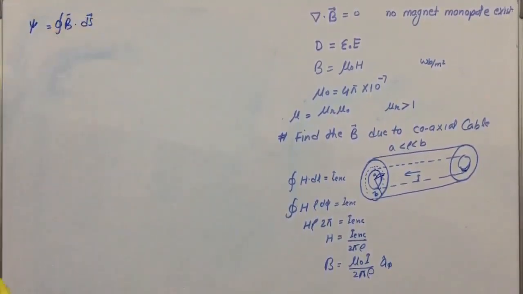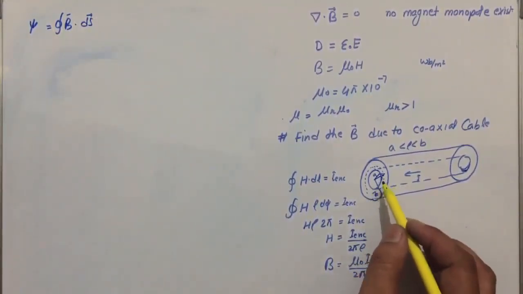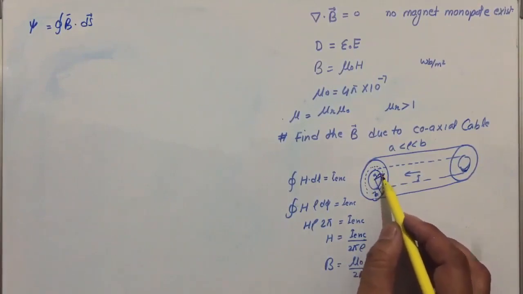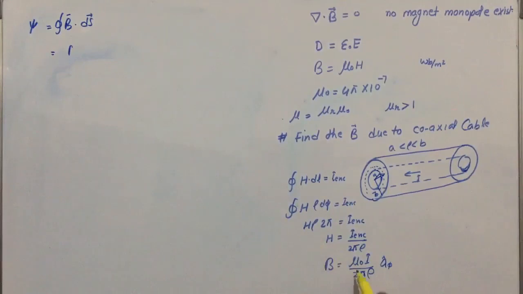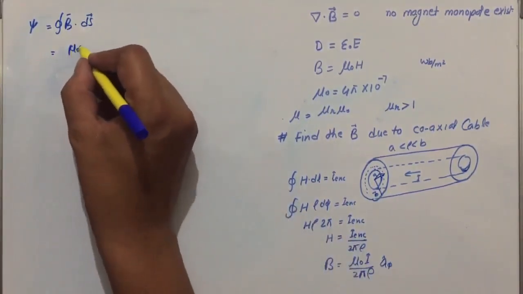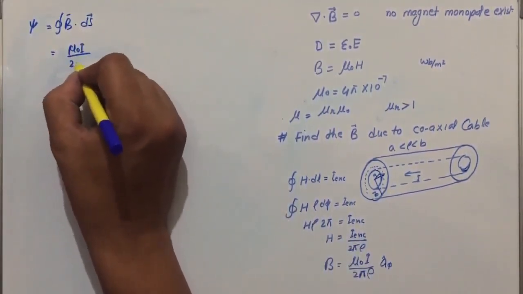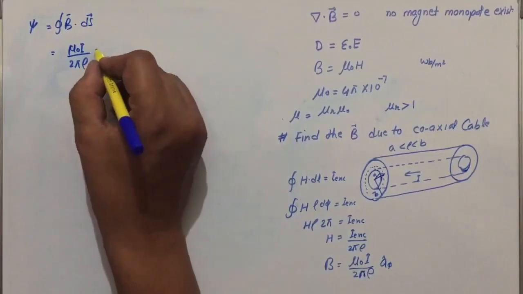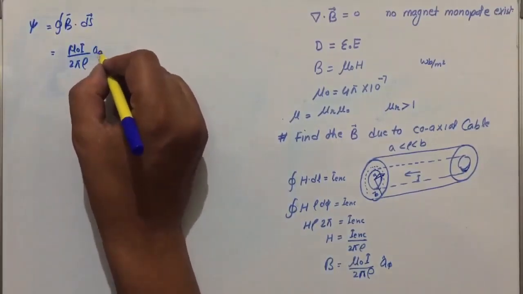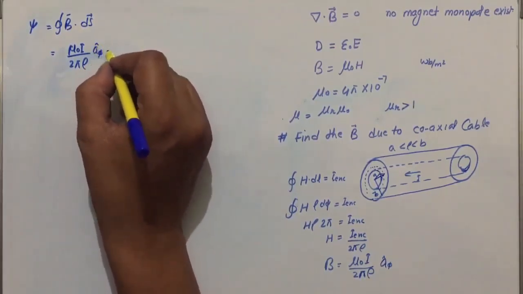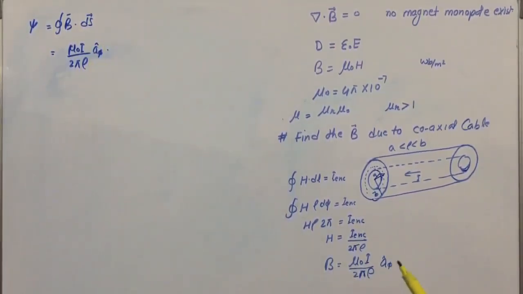From Gauss law, the flux can be found as B dot ds for the closed surface, and the number of lines passing from here will be B, which we have as mu naught I over 2 pi rho in the direction of a phi, dot ds.